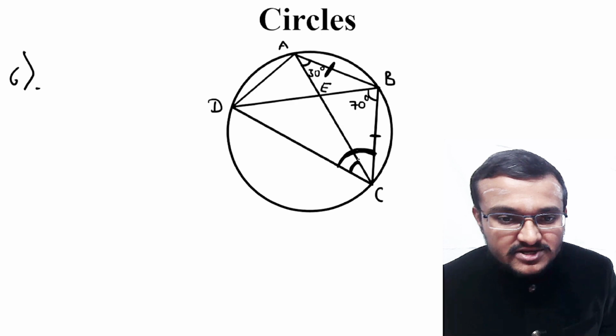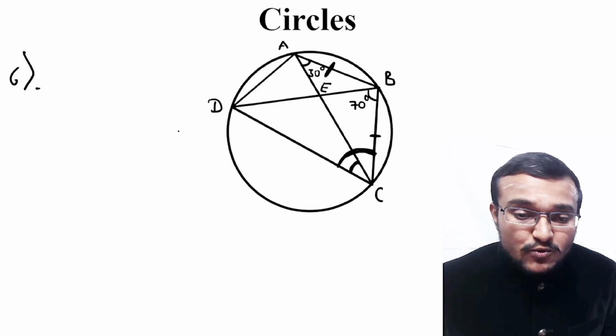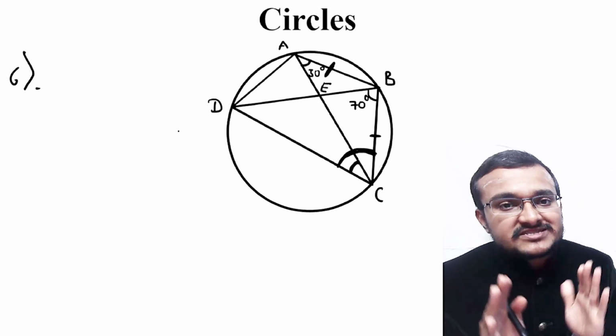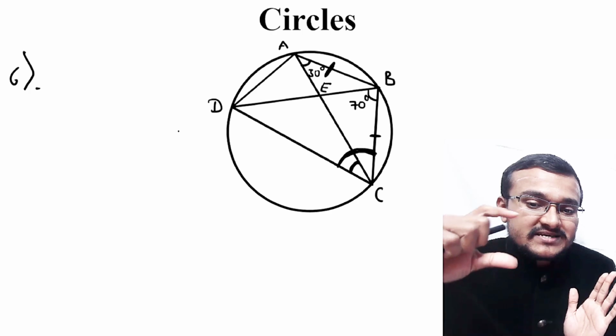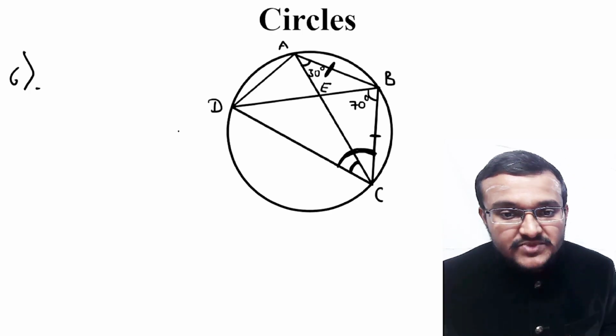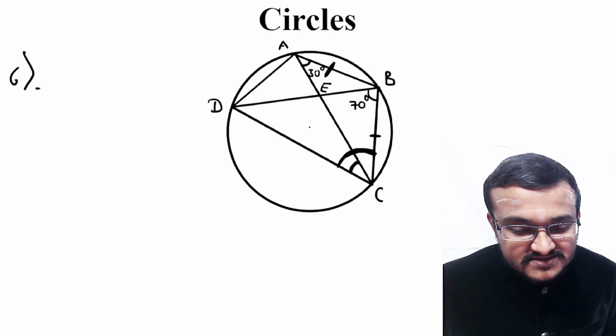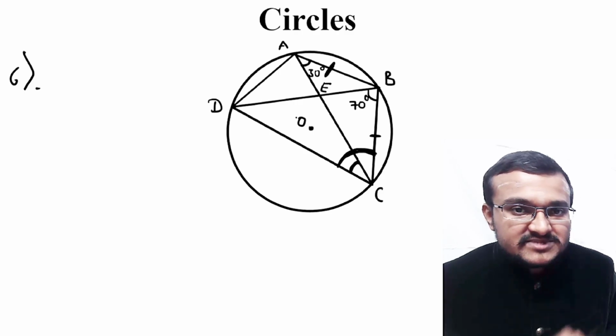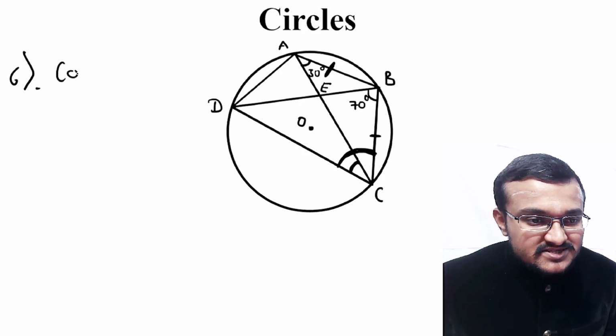So in order to find out this, the data they have given is ABCD is a cyclic quadrilateral and AB is equal to BC. So let's take this point as the center point of circle O, just to name this circle.